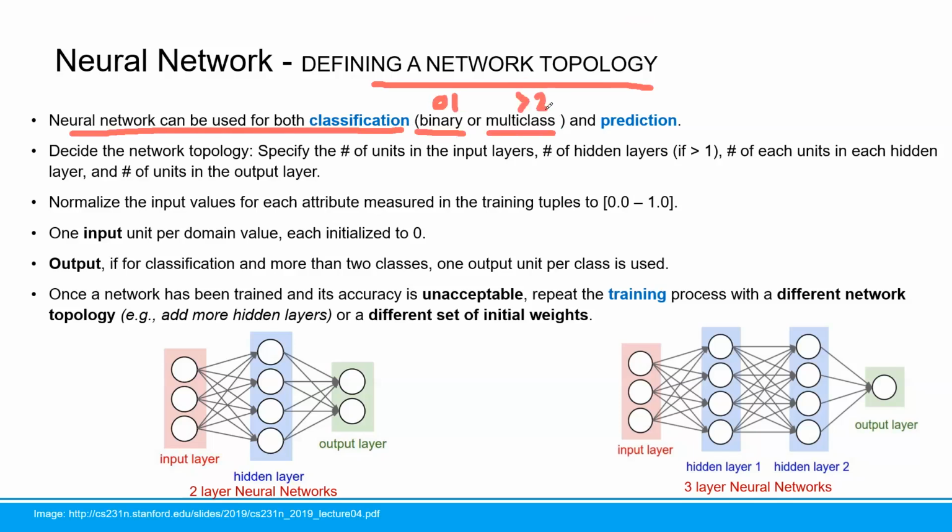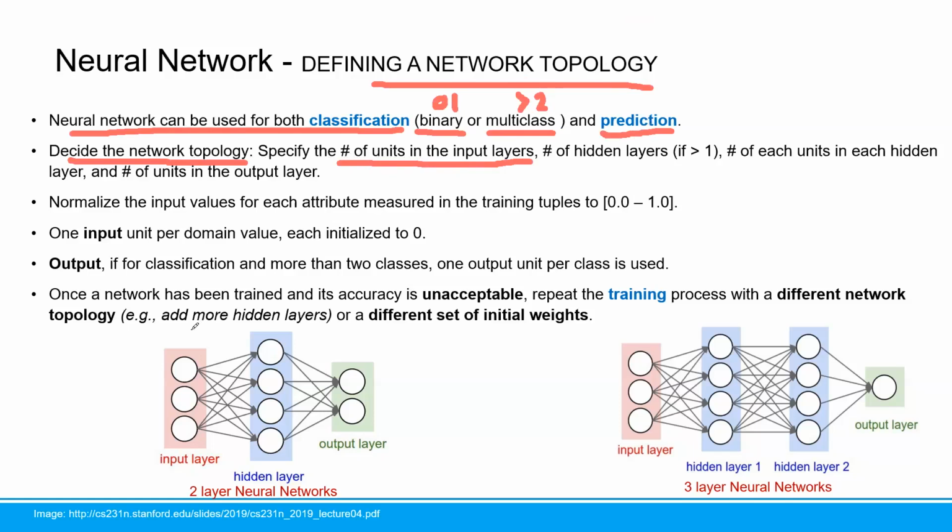Or prediction, where the class is numerical. To decide the network topology, you need to specify the number of units in the input layers.